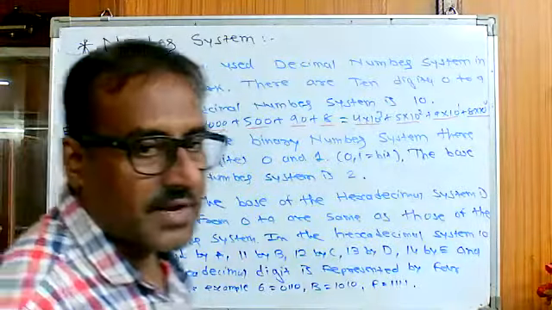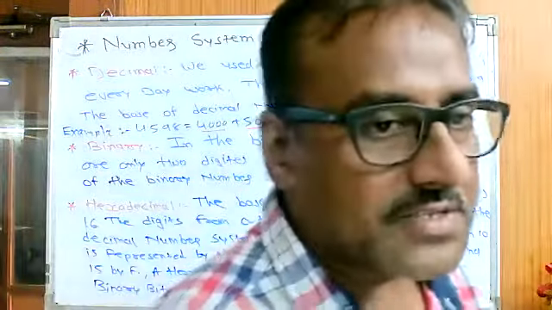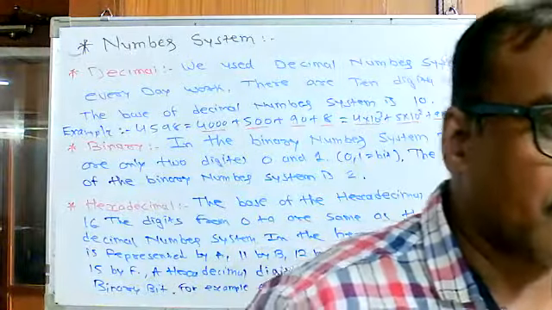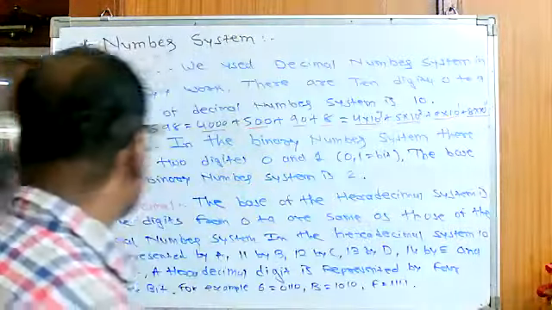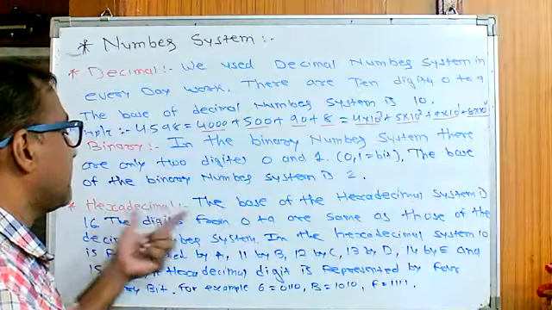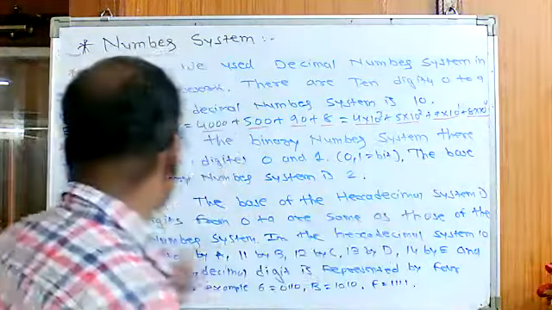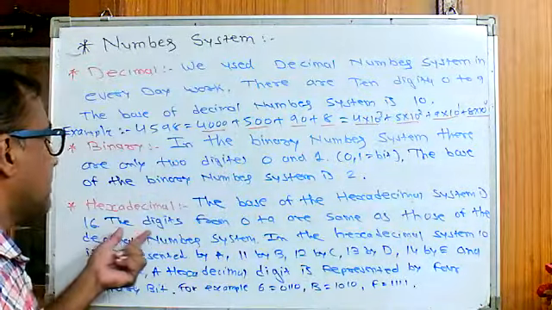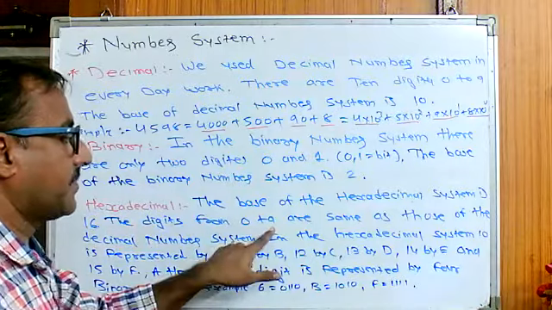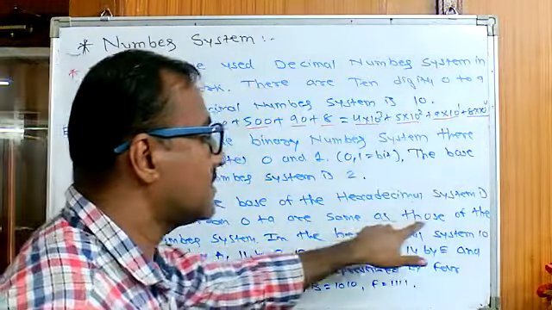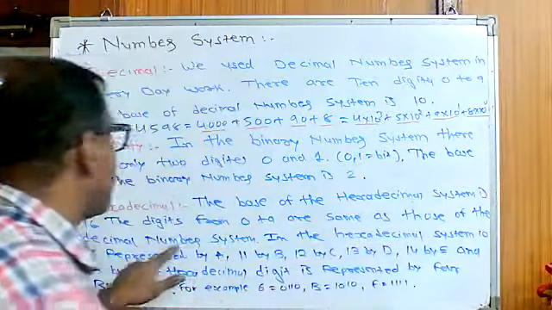What is the hexadecimal number system? Microprocessors and microcontrollers use the hexadecimal number system. The base of the hexadecimal number system is 16. The digits from 0 to 9 are the same as in the decimal number system.